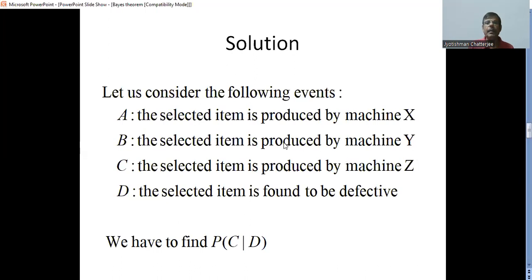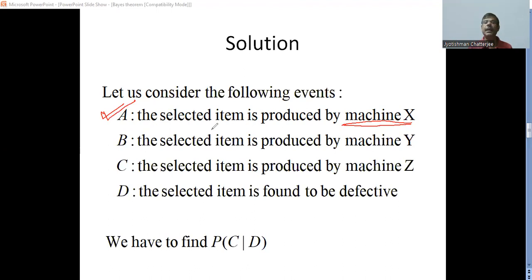Yeah, here it is. Let us consider the following events. Event A means the selected item, one item selected by the quality inspector, is produced by machine X. It may happen or may not happen. We are just identifying the event here.